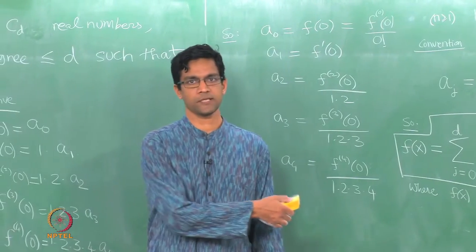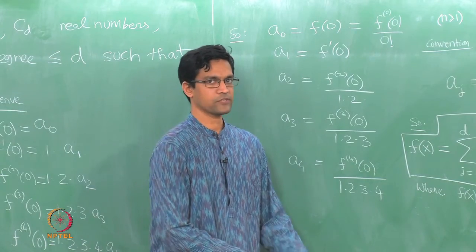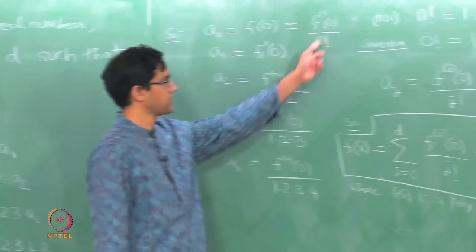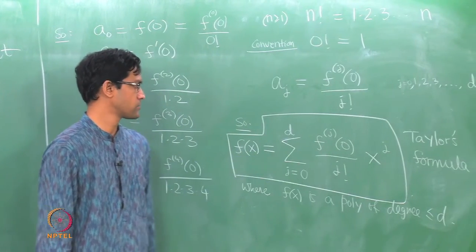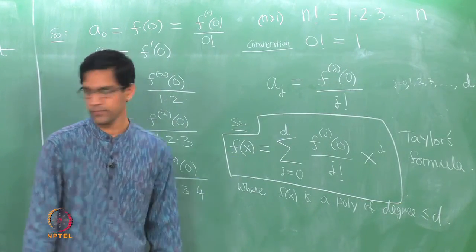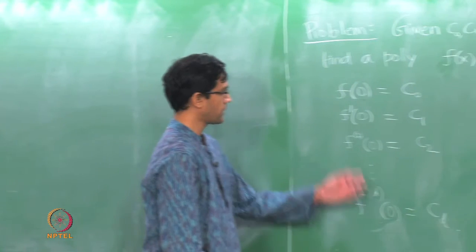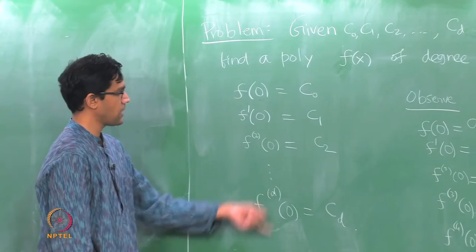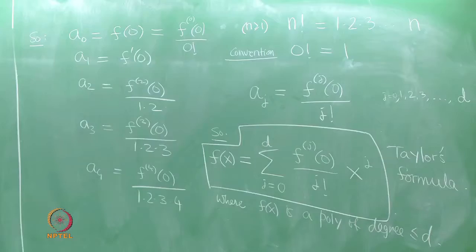So, this is something that holds in general for any polynomial of degree at most d. What we have said is its coefficients can all be obtained in terms of derivatives of the function. So, the function itself can be written back in terms of the coefficients like this. So, just to complete this, the solution to the problem that we mentioned, if you are given prescribed what the derivatives are, then you just plug these values in there and you figure out what the function is.